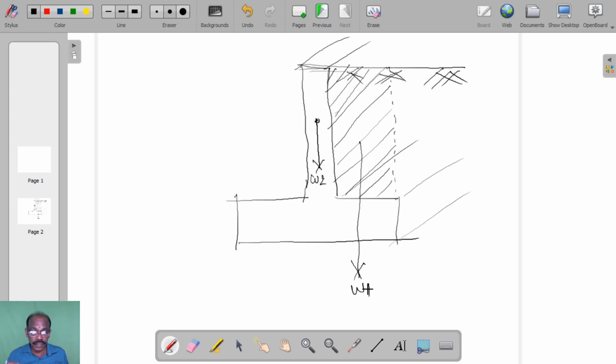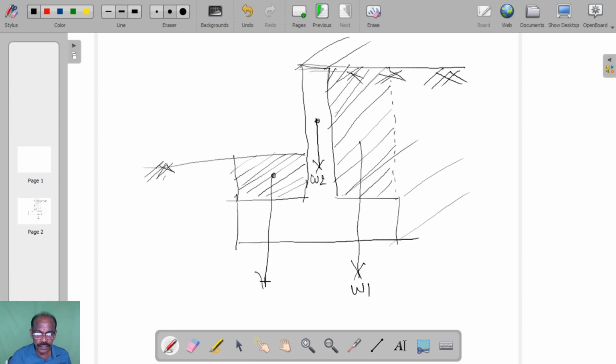Now we are seeing the downward force acting on the cantilever slab. Sometimes the ground level is here. Then some part of the earth's weight is acting on the toe slab.